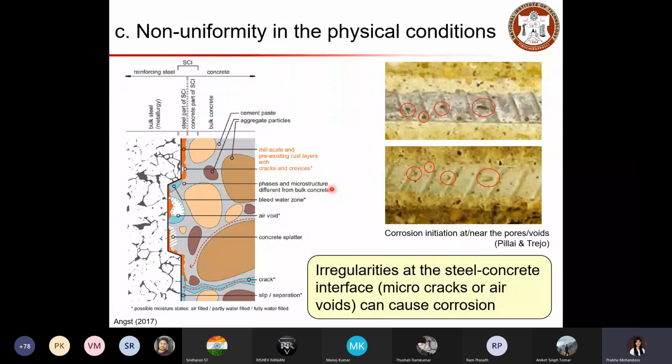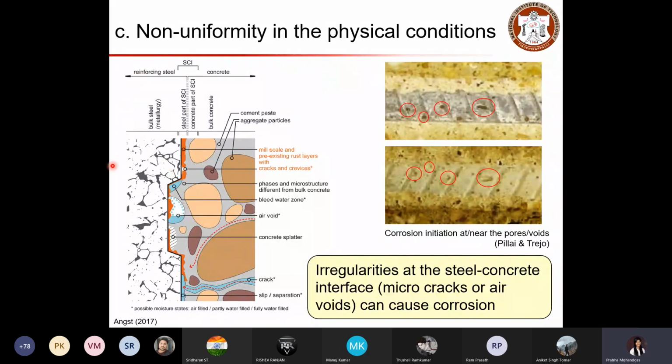So here you can see in detail this non-uniformity in the physical conditions. One, we will have the mill scale formation on the surface, and then wherever we have the rib formations, there you will not have such exposed conditions. So in that case, the irregularities at the steel-concrete interface could lead to potential differences.